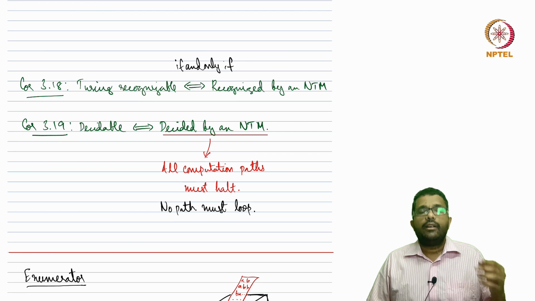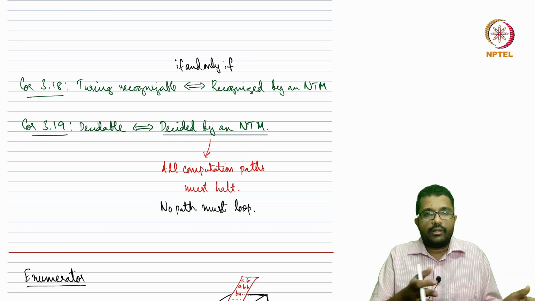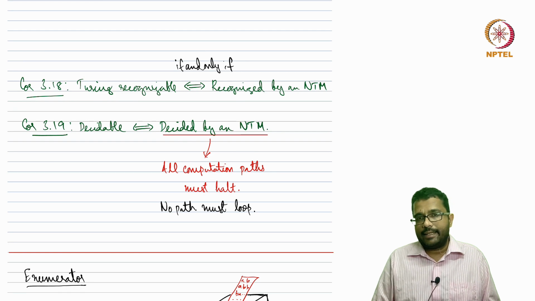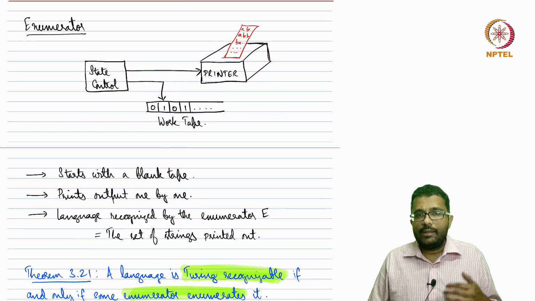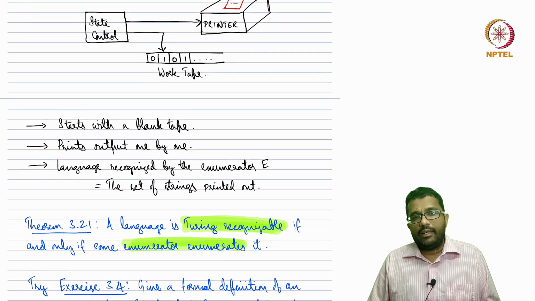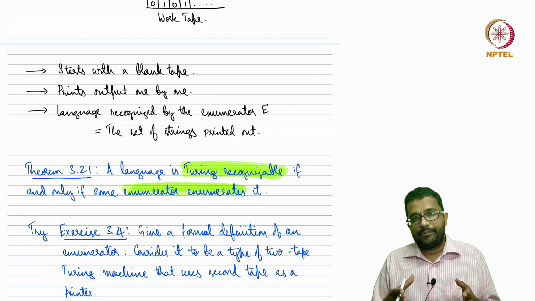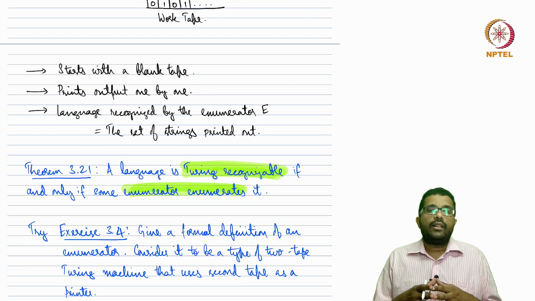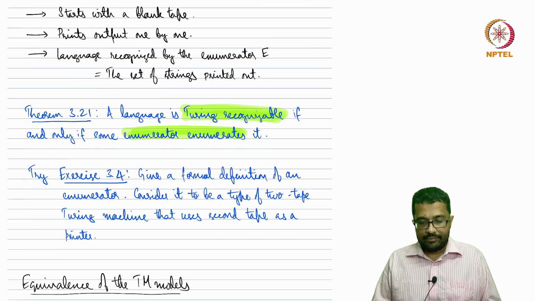Even for one specific string, I want all the computation paths to halt, either accept or reject. We then saw the enumerator, which was basically a printer with a work tape, and we said that the class of languages enumerated by an enumerator is the same as the class of Turing recognizable languages.